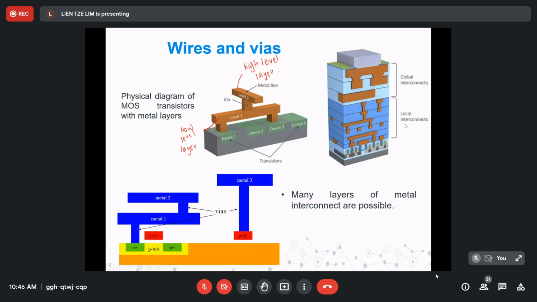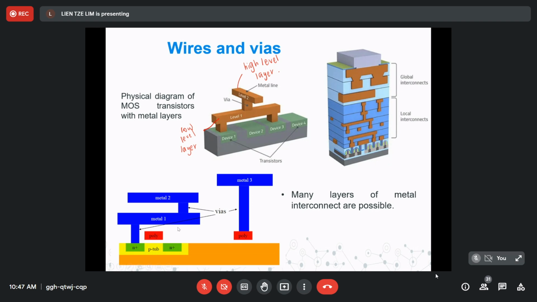Interconnects we can classify as local interconnects and global interconnects. If you see here, the higher the level of the layer, the larger the thickness will be. So the thicknesses are different for low level layers and high level layers.